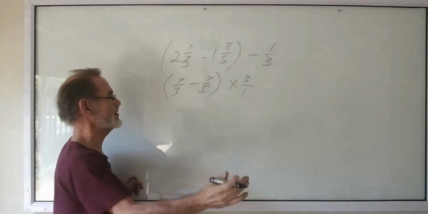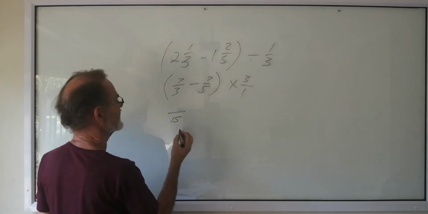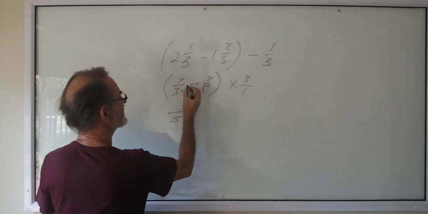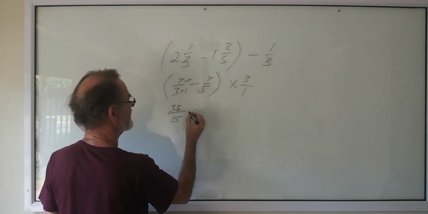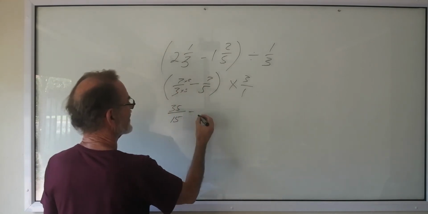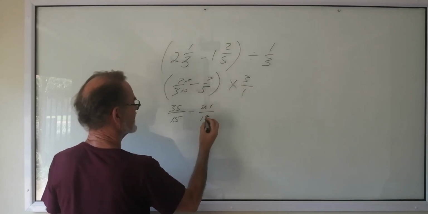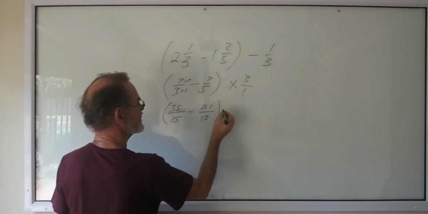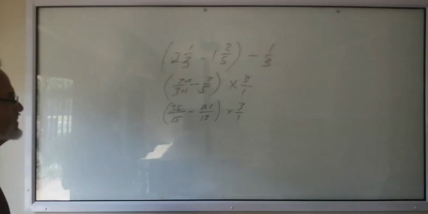So we're going to multiply the 3 with the 5 and the 5 with the 3. 5 3s are 15. 3 times 5 is 15 underneath there. Now we have to multiply the 7 with 5. 7 times 5 is 35. Minus 3 times 7 is 21. Brackets times 3 over 1. Brackets first.